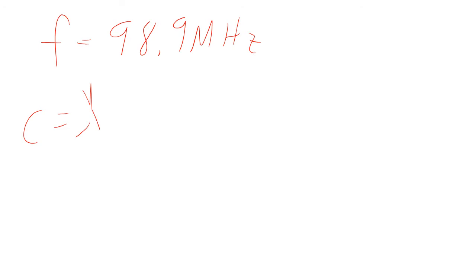So how would you make a signal more directional like that? Well, let's consider one particular radio station. A radio station has a frequency of 98.9 megahertz. We know that the way waves work, c equals lambda f. So lambda, the wavelength, is c over f.